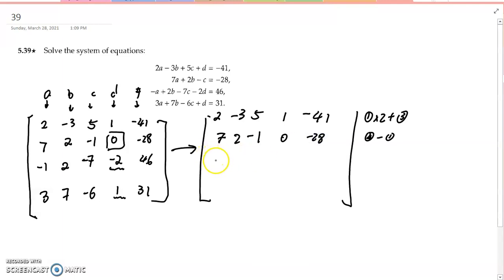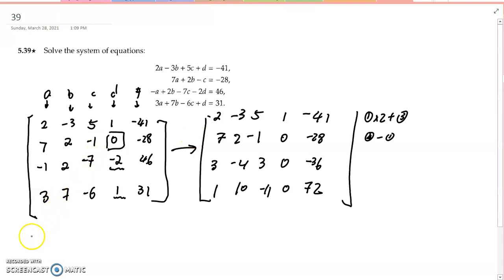Then the third one becomes 3 and -4 and 3 and 0 and -36. The fourth one becomes 1 and 10 and -11 and 0 and 72.